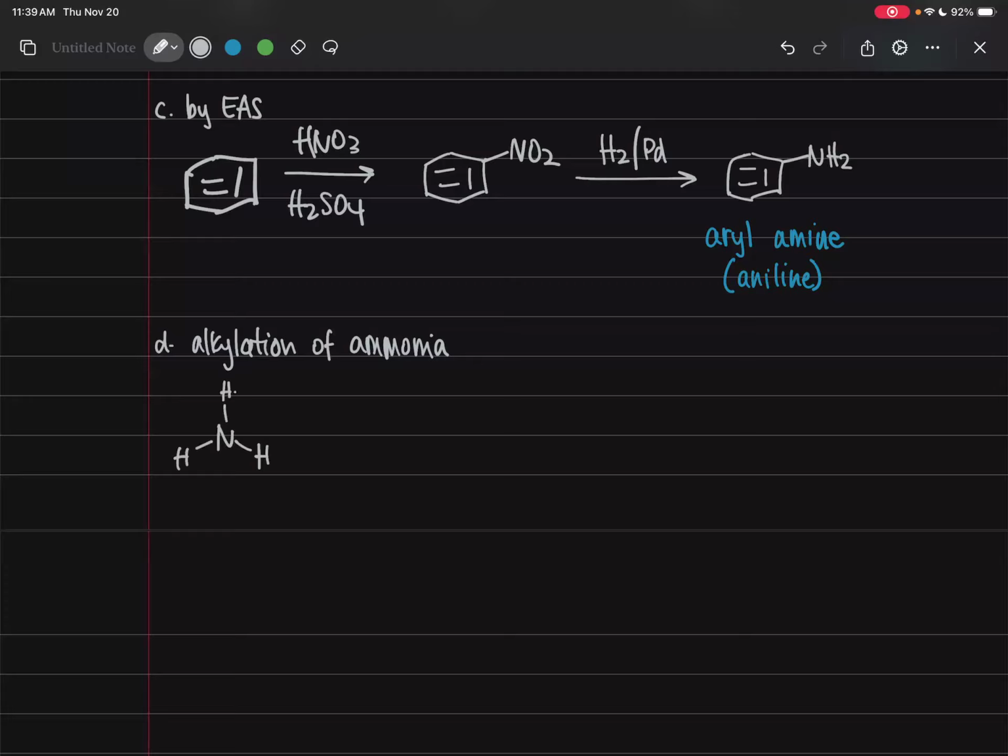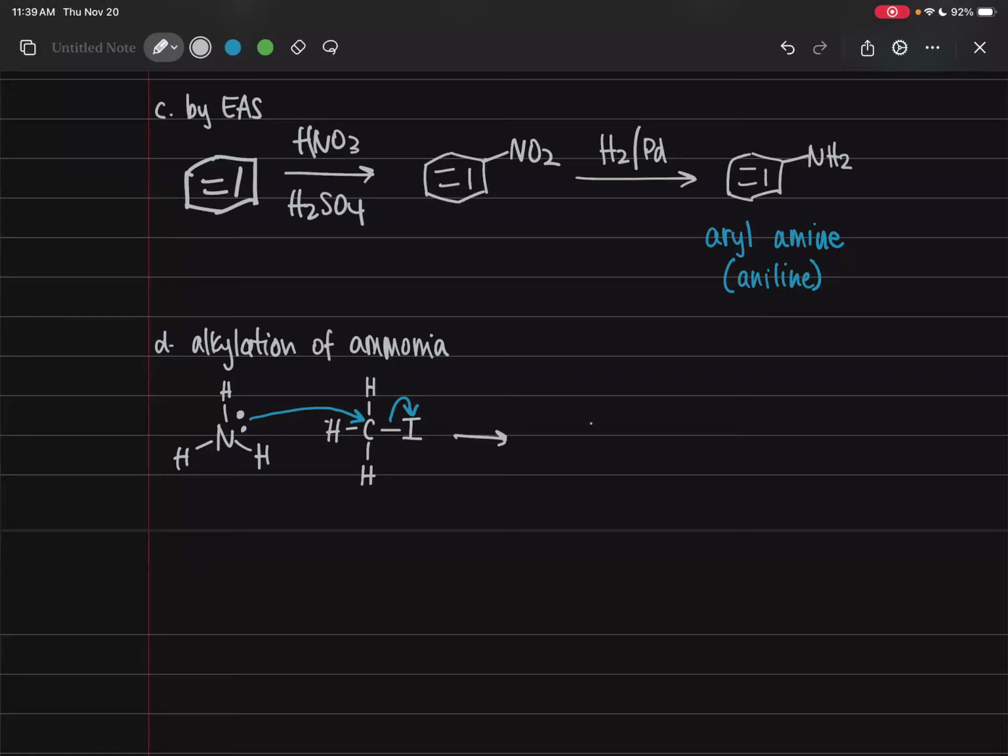So if we take our ammonia and an alkyl halide of some sort, in this case, I'm going to use methyl iodide. So that's usually what's used instead of methyl chloride or chloromethane. This is the same example that we saw at the beginning for the nucleophile example. So we do an SN2 reaction at the carbon of the alkyl group.